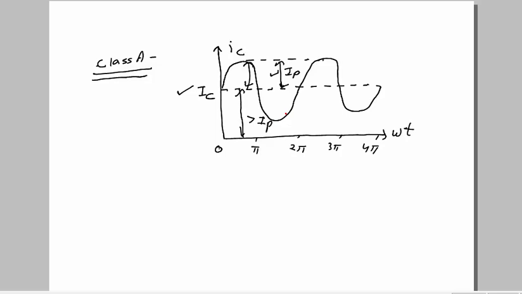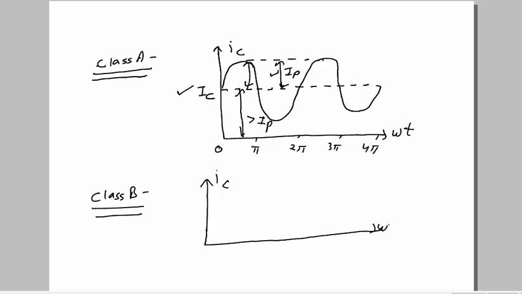Next, class B. In class B, it is either not biased or biased at 0 DC current. So 0, pi, 2 pi, 3 pi, and so on.